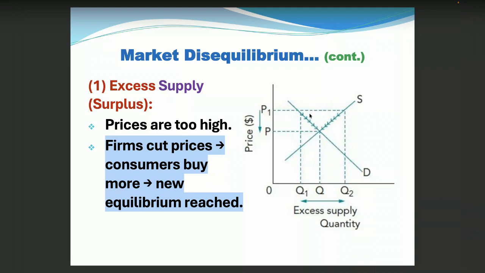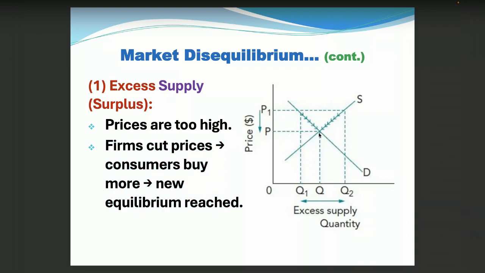Now I guess it's worth buying. So more consumers will be willing to buy it. So at the same time, we will have minus numbers in the supply and plus numbers in the demand. And because prices are going down, all of this excess product will be bought by the new consumers. And then eventually it will level itself back at the equilibrium point.